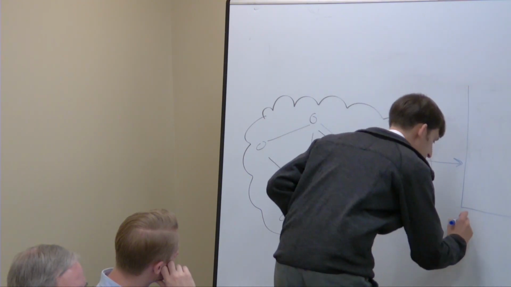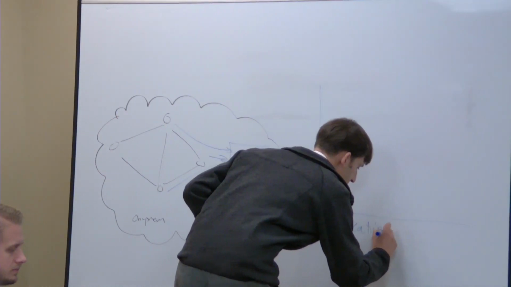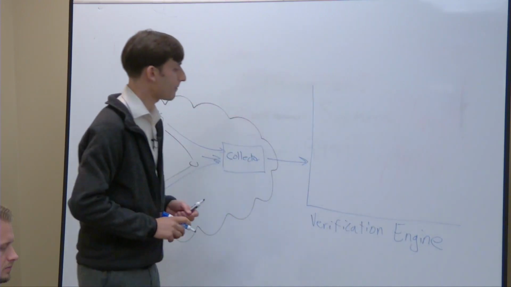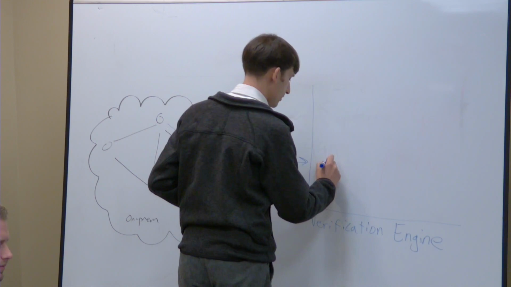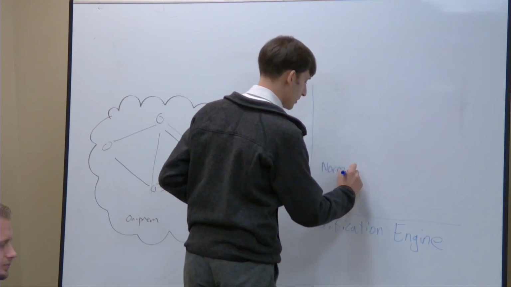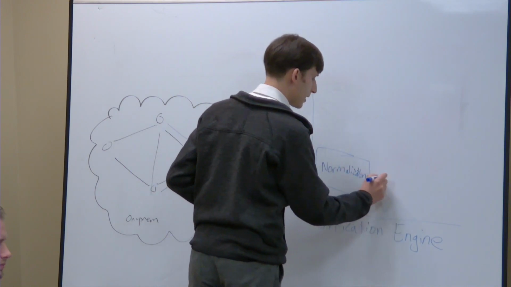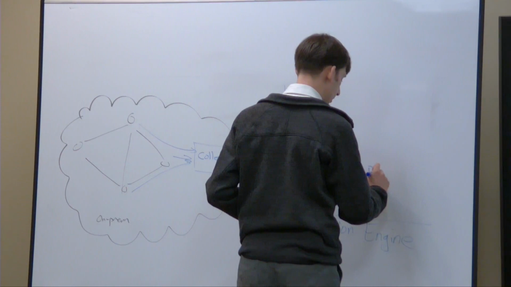So I got to draw a big box here. OK? So the verification engine crunches. So it does that normalization. And then that's handed off in the pipeline to building the predictive model.